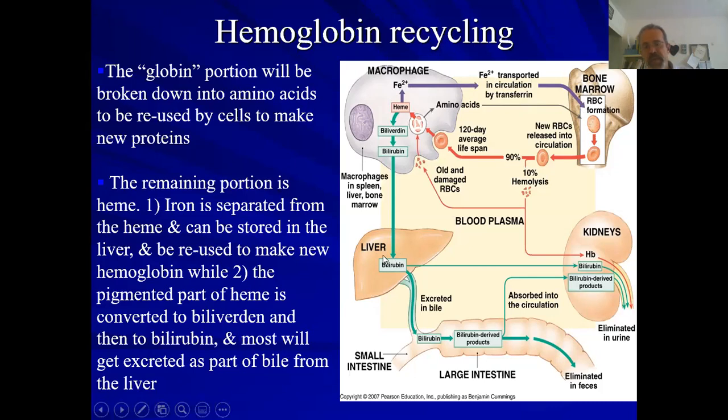The bilirubin is incorporated into a substance called bile, which I know many of you have heard of. Bile is a very important molecule in digestion, which helps to break down fats, and you can see most of it ends up being eliminated. So most of the bilirubin by way of the liver is eliminated. Some also travels to the kidney, where it is also eliminated. So some of it is recycled, but most of it is eliminated.